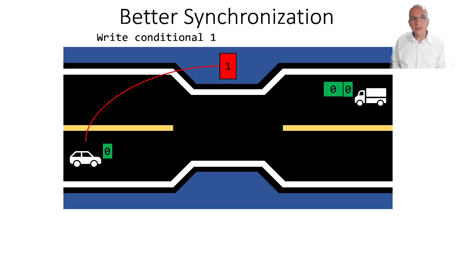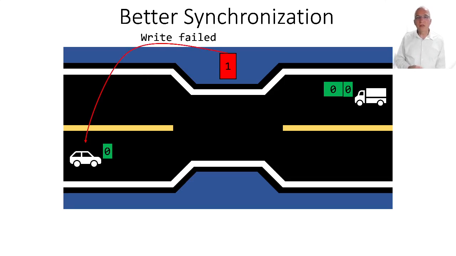Brandon will try to do the same thing because Brandon also got the message initially that the road was empty, but Brandon also did a load reserve, so Brandon is also going to do a write conditional. The write conditional is saying, if the value of the semaphore has not changed since the last time that I read, I want you to change it to 1, and I want you to tell me that you are successful.